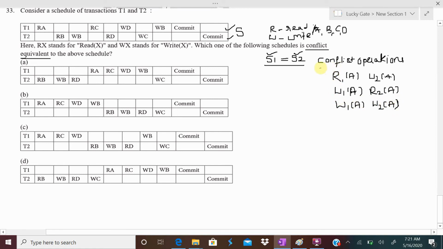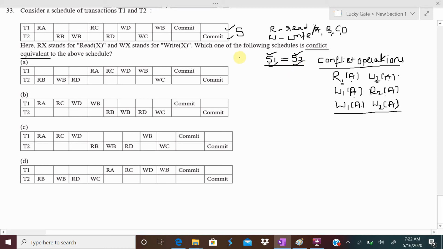Conflict operations are the operations on the same data A, but different transactions, transaction 1 and transaction 2, with at least one write: read write, write read, write write. These are the 3 conflict operations. Such conflict operations, whatever is there in S1, if the same conflicts are there in S2, then we can call S1 and S2 conflict equivalent schedules.